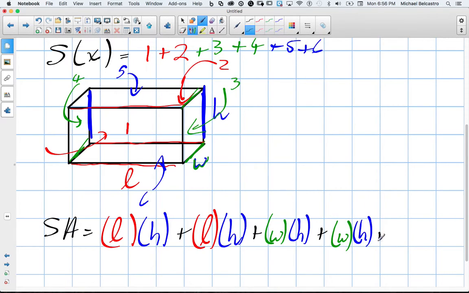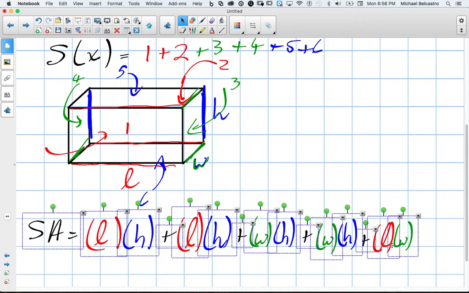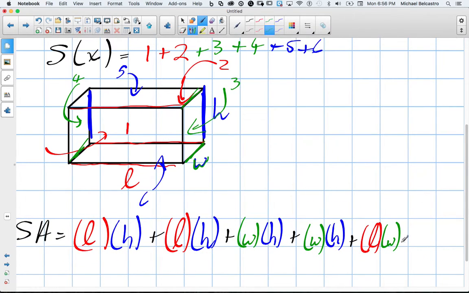And then finally, our side 5, which was the one on top, was length times width, L times W. And then we duplicate it again, L times W. Okay, nice and color-coded.